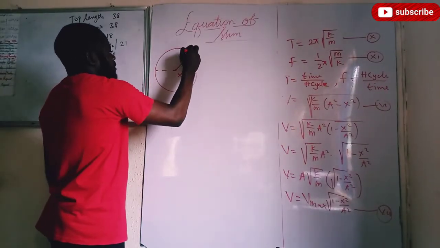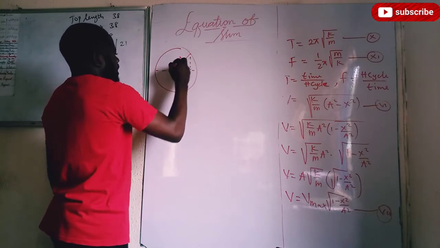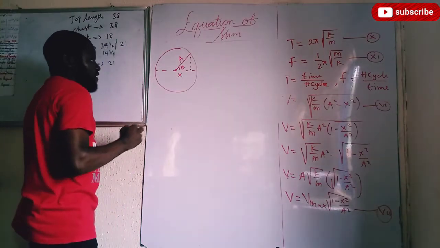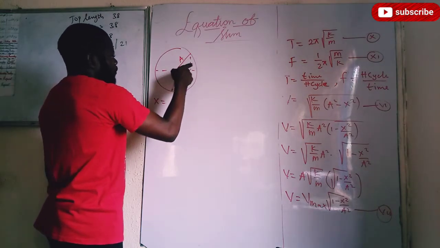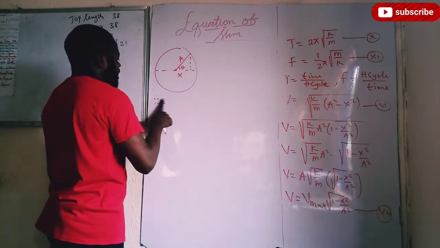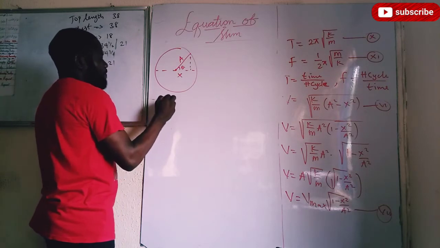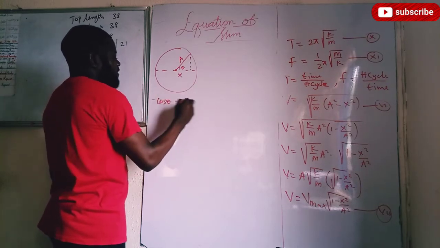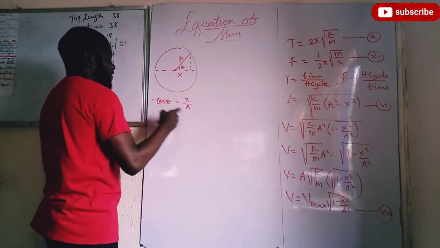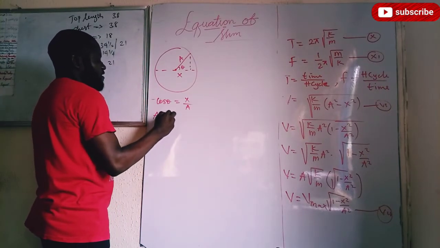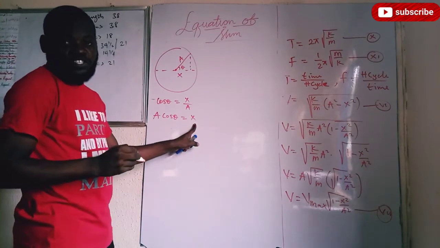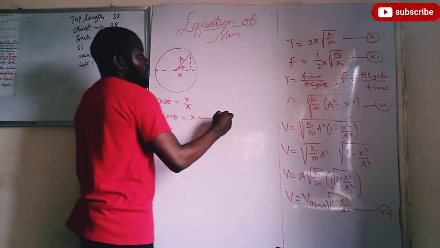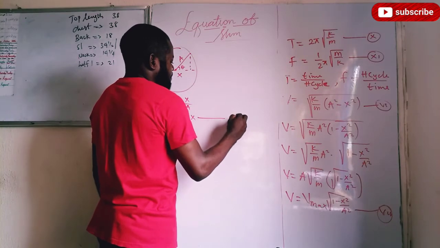Here I have my angle theta. So cos theta is equal to adjacent over hypotenuse. If I cross multiply, I will have that A cos theta is equal to x, which is our position. I'll call this equation 12.